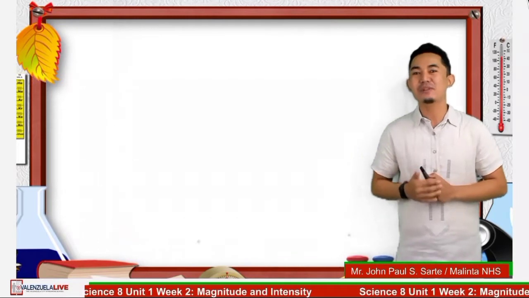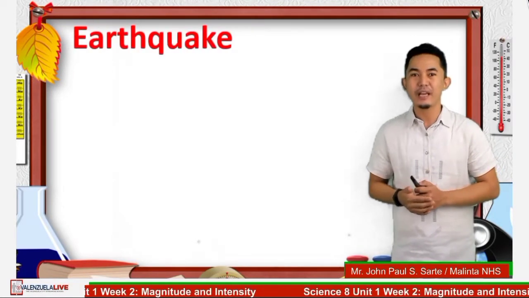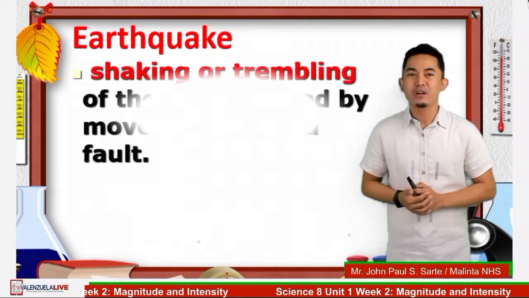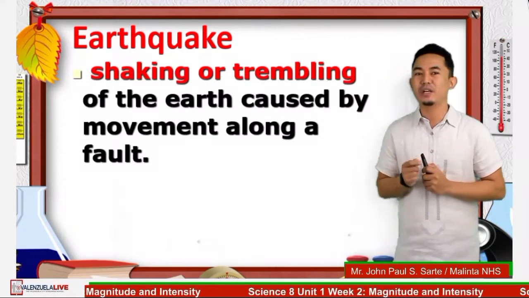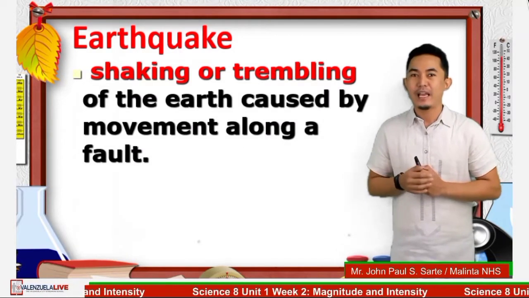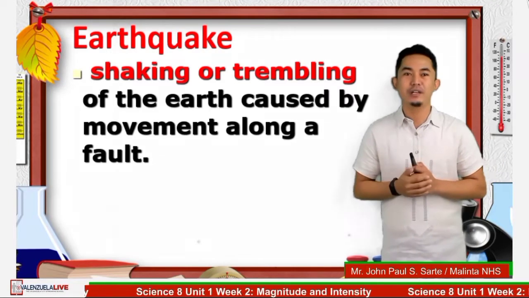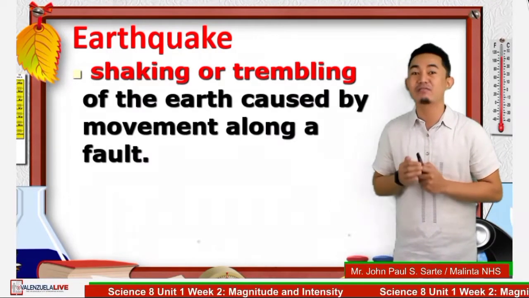Now, let us recall first the meaning of earthquake. It is shaking or trembling of the earth caused by movement along a fault. In this meaning, class, remember the words shaking and trembling.